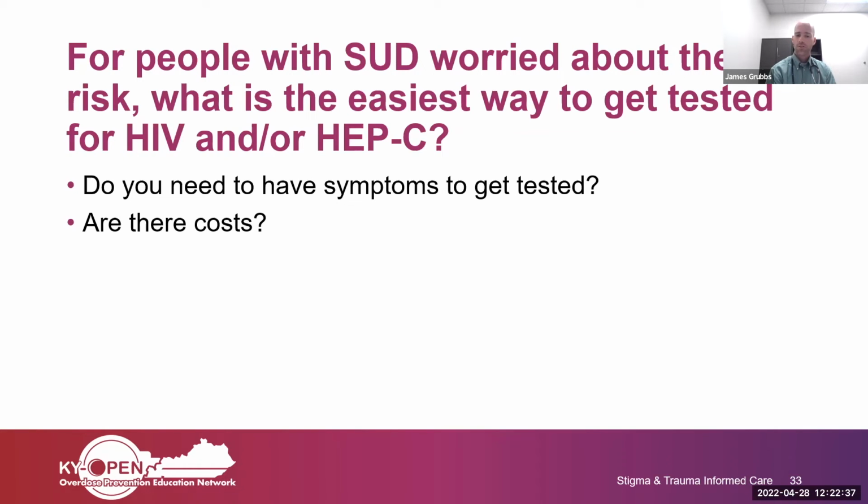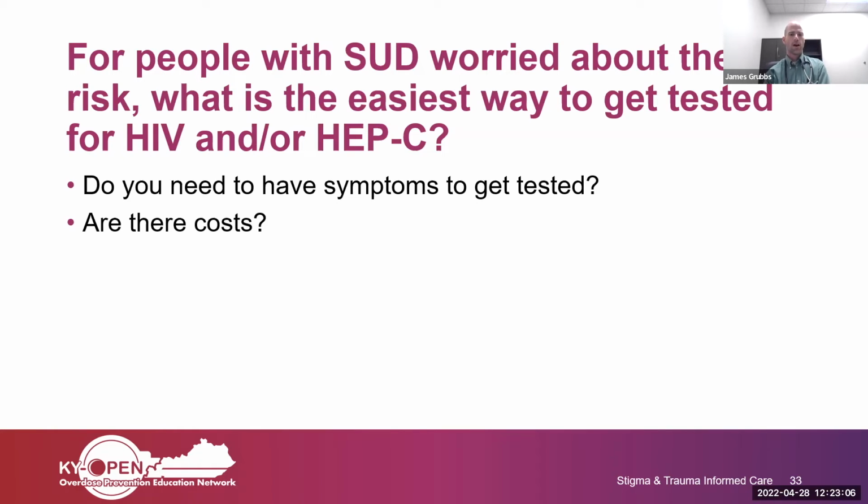Many of the syringe service programs that exist in Kentucky have people there particularly to do HIV testing. There's an organization called CURP, the Kentucky AIDS Drug Assistance Program Reinvestment Program, and they fund employees at syringe service programs where their job is to do HIV testing and linkage to care.